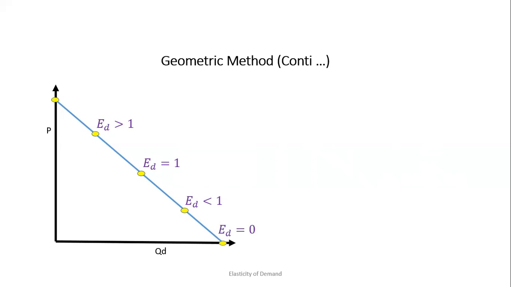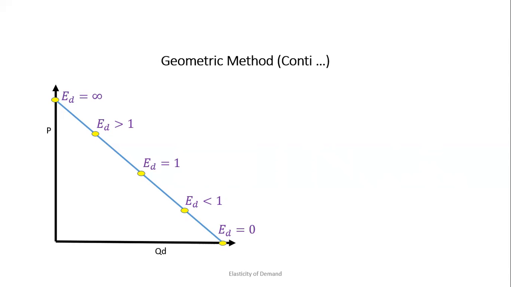Hence, we have two extreme points. This is how we can measure elasticity of demand on a linear demand curve using the geometric method.